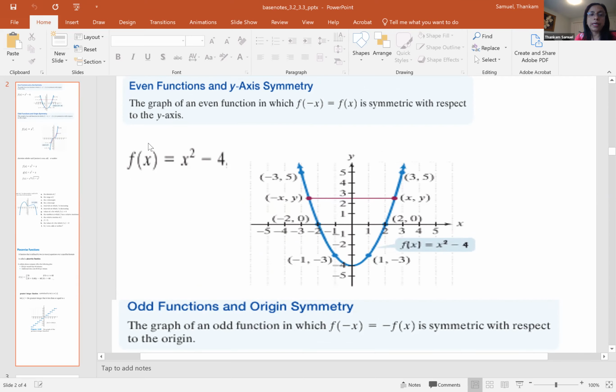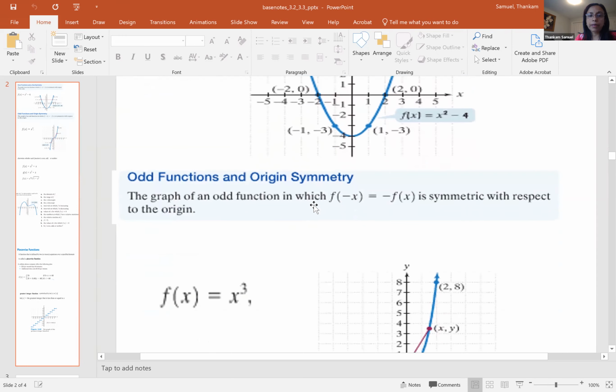So you can see that this is an even function because when we replace x by negative x, we'll get the same function. And when you look at the graph, you can see that the graph is symmetric with respect to the y-axis. So the graph of an even function in which f of negative x equals f of x is symmetric with respect to the y-axis.